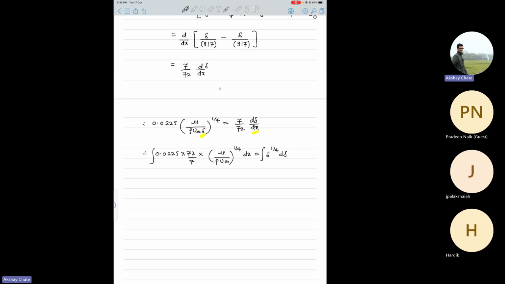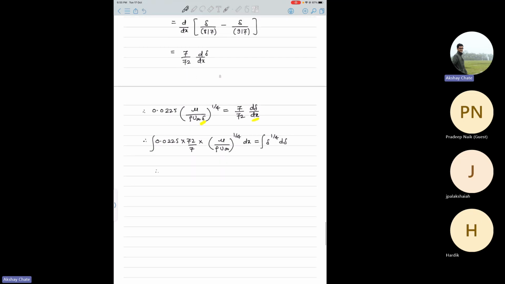So what will happen is you will have delta power 5 by 4 divided by 5 by 4 into this whole equation, which will be 0.0225 into 72 by 7 into mu by rho u infinity power 1 by 4 into x plus c.